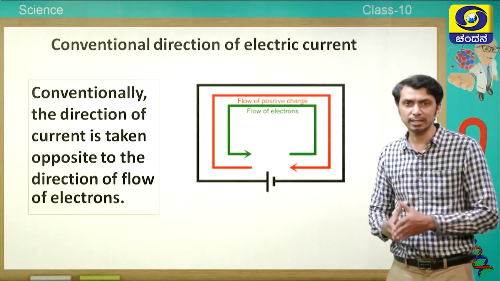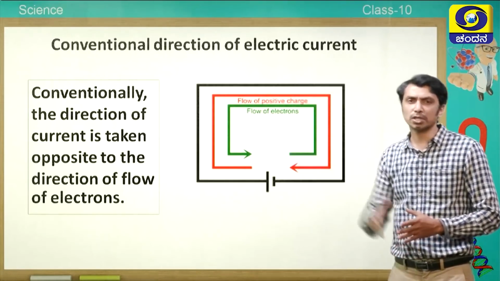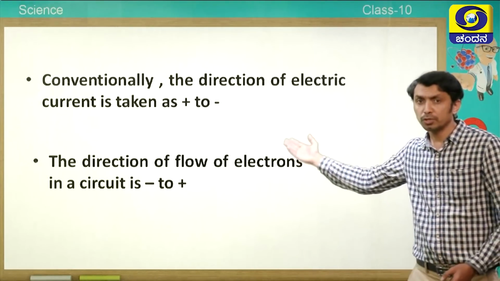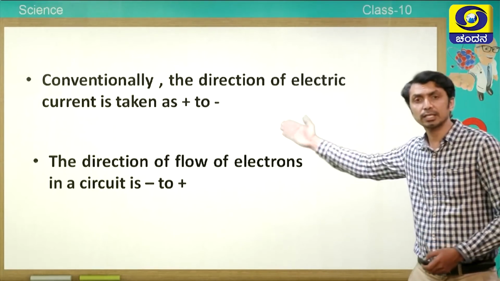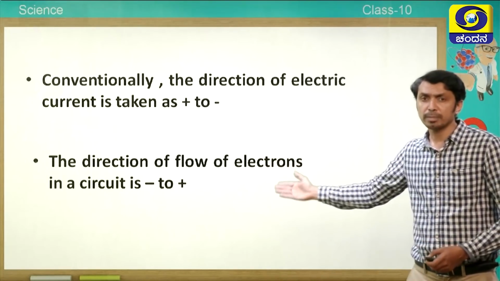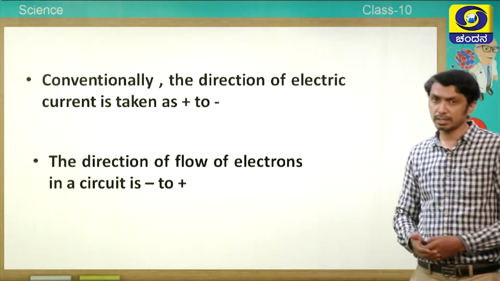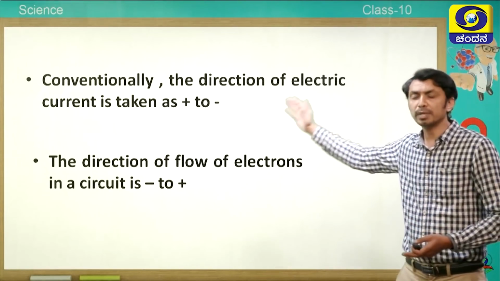Yes, you know the answer, that they are attracted to positive charges. So you need to remember the direction. Conventionally we say the direction of electric current is plus to minus, and actually the electron flow happens from minus to plus, but we consider the direction of electric current to be from plus to minus.